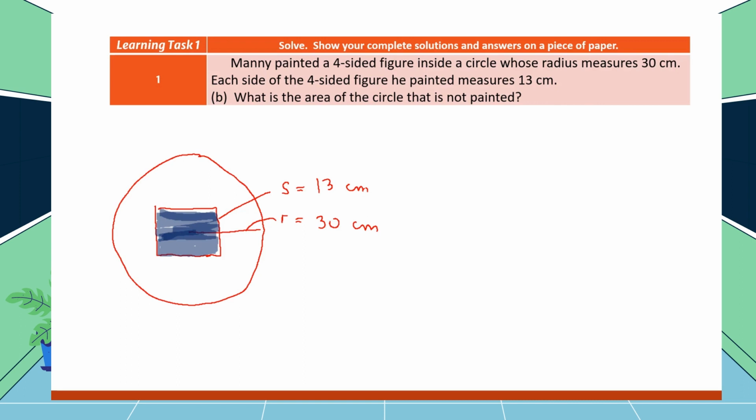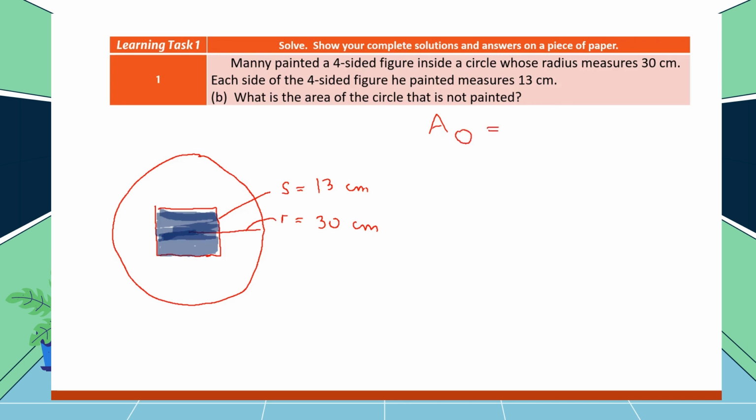At dahil meron tayong involved na circle, tapos ay square, dahil mas malaki yung circle, unahin muna natin yung area of a circle. So, let us solve the area of a circle. Ano ba ang area of a circle?